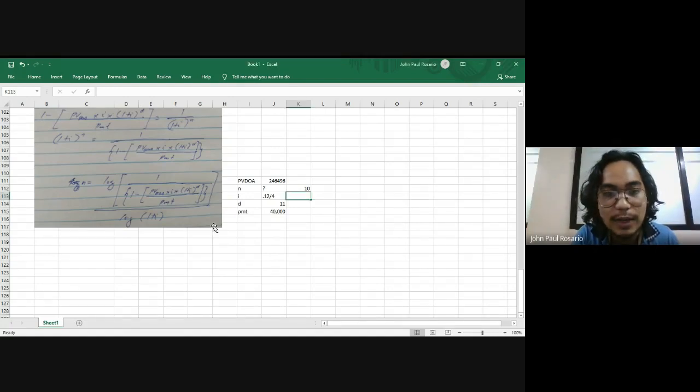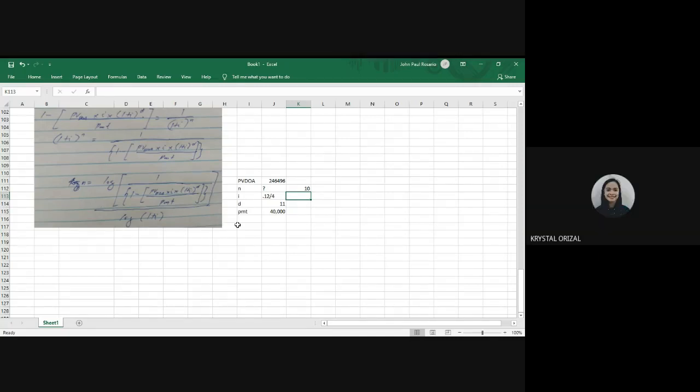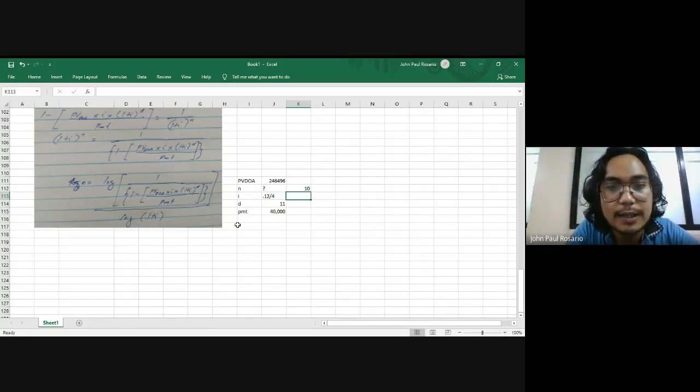solving method. Let's concentrate first on this portion. That's PVDOA, that's 246496. If there's a fraction, your calculators have a fraction option. In the numerator part, write PVDOA, 246496, times.